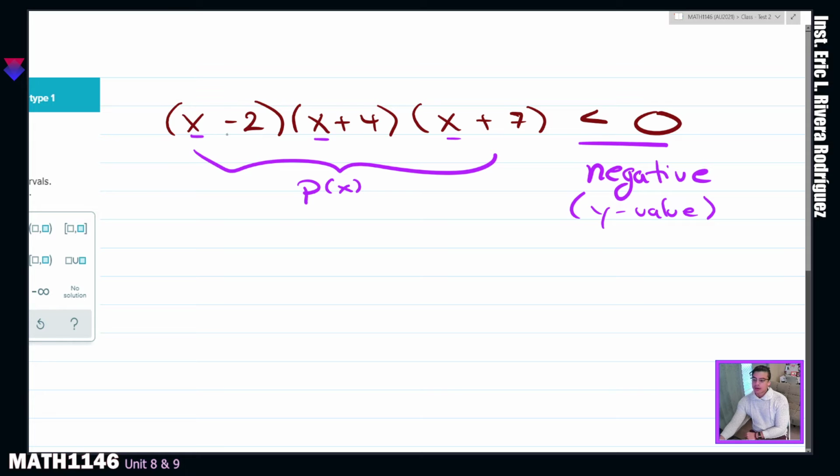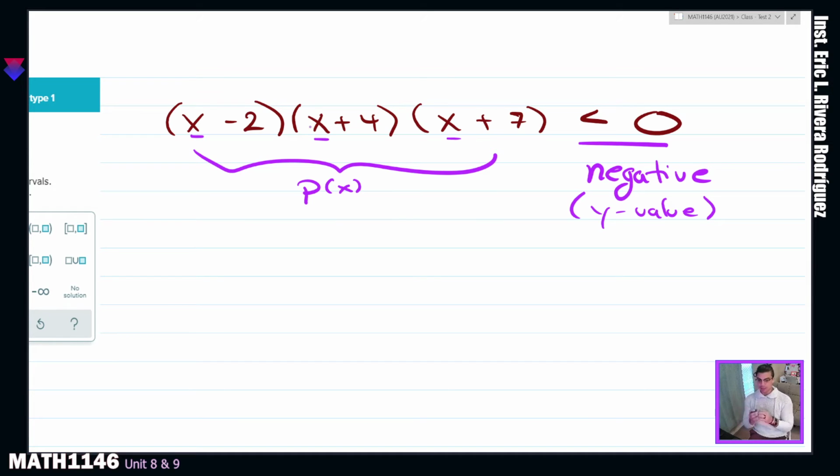All right. The other thing is that on the left side, we have a polynomial, and we know how to work with polynomials. Right now, this polynomial is in its factored form. Some exercises from unit number 8 are going to give you the polynomial in factored form.